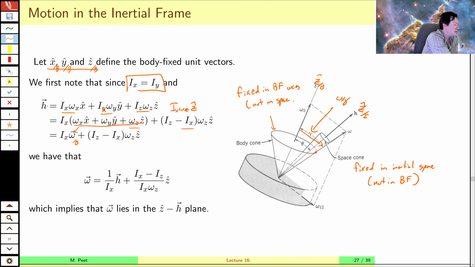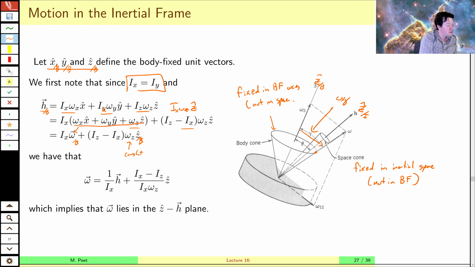So we get some relationship between the angular momentum vector in the body fixed frame and the angular velocity vector in the body fixed frame. And now we have this other component, which is constant, and which is in the z hat direction, in the body fixed frame.